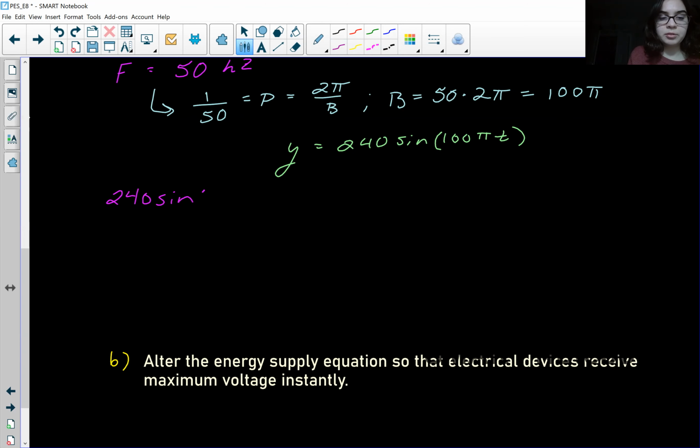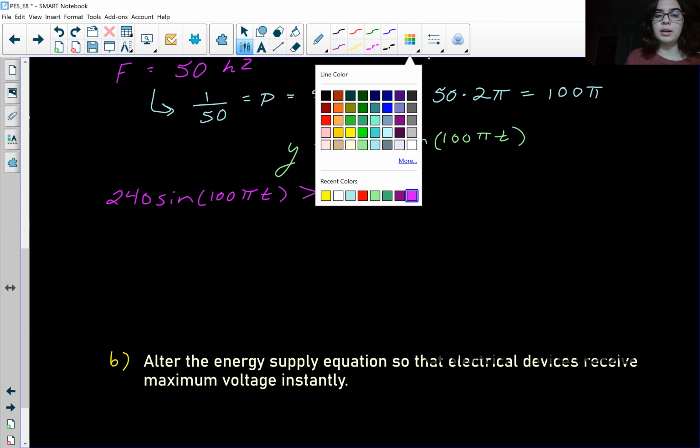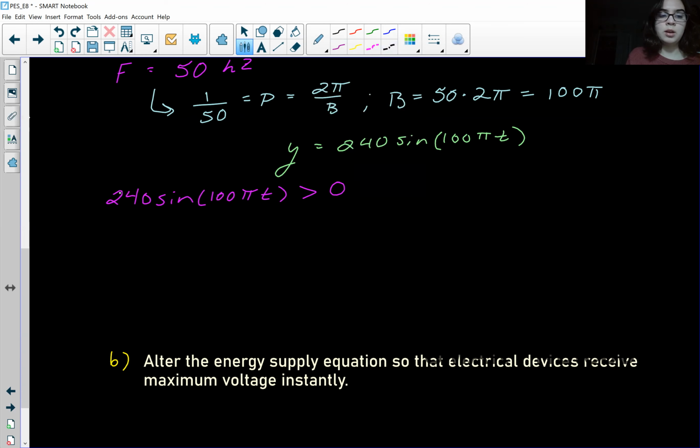Hey, this looks familiar. Okay, and then as always, we can take out that multiplied constant. It's not going to change anything. Let's set the inside equal to x so that we can make this easier. So sine of x is going to be greater than 0.